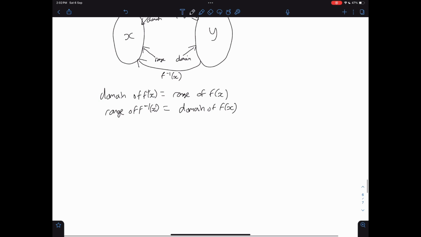But not every function has an inverse function. This is important.